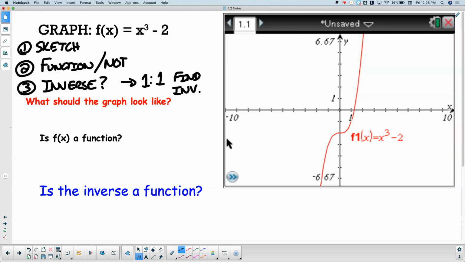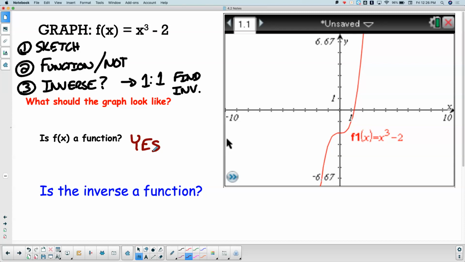Is f of x a function? Is what I'm looking at a function? Yep. Passes the vertical line test.